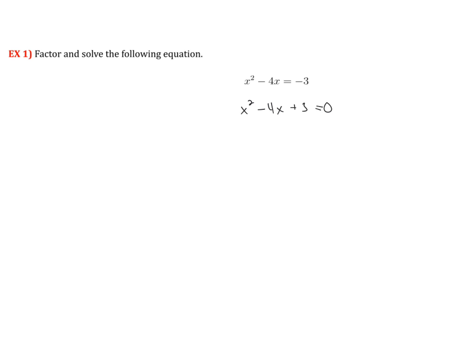The dilemma is that if I try to think about factors of positive 3 and see if a pair of those factors adds to give me a negative 4, we won't find any. So I could resort to the quadratic formula, or we could complete the square. Let's do exactly that.